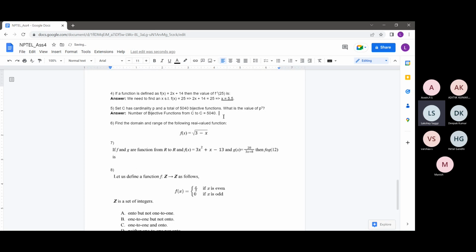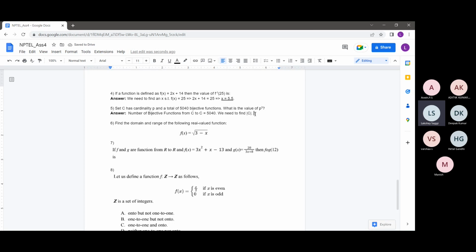We need to find the cardinality of C, which will be P, and from that we can find P square. This is the basic theme of the question.